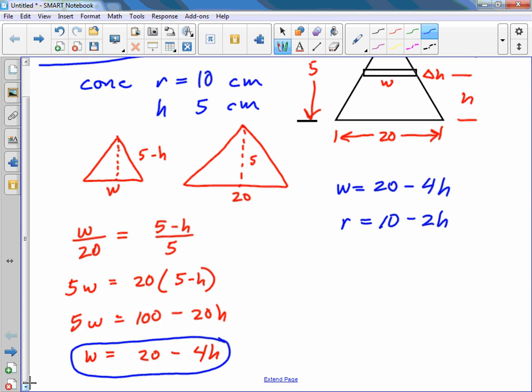So now we've got things in terms of R and H, which I think is getting us closer. So if we know that R is 10 minus 2H, the area of my slice, okay, the area of the slice up here, area, not yet volume, just area is what?